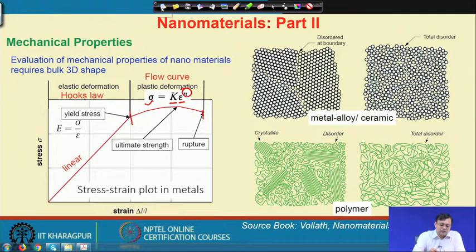However, one must consider that n is not constant throughout the deformation; the n value changes with the percentage of strain also, okay, because of the presence of defects like dislocations, and dislocation multiplication occurs and so on, and continuously the strain hardening exponent increases. The more dislocations and their mechanisms are involved in it.